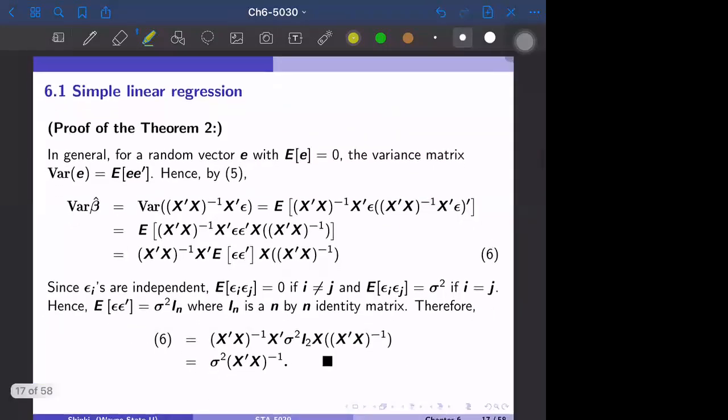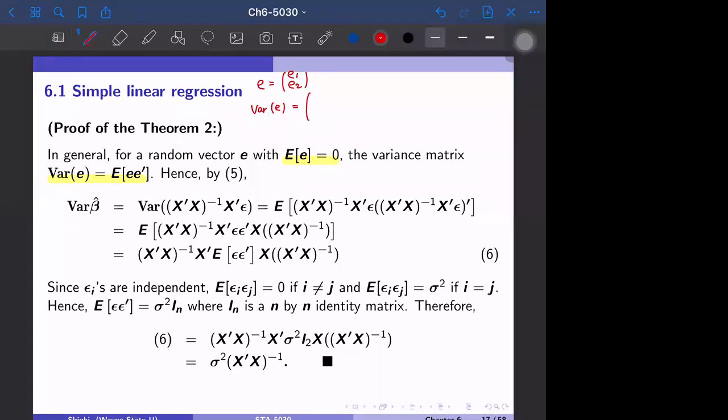And how to prove the variance of beta hat formula? This is somewhat straightforward, but some calculation is needed. At first, we want to mention that when the expectation of some vector E is 0, then the variance of vector E is the expectation of E E transposed. Just think about the case that E has 2 components, E1 and E2. Then what is the variance of E?